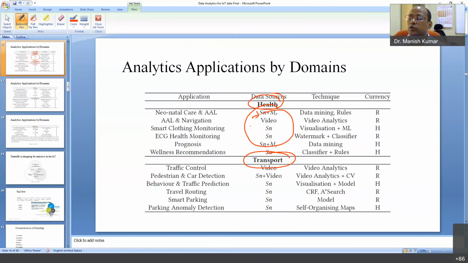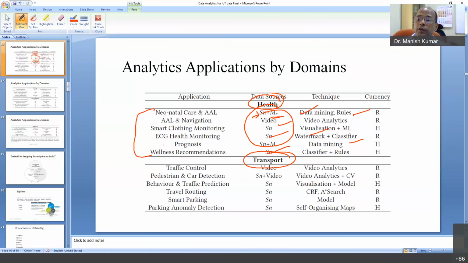SN talks about sensors, whereas MR corresponds to medical records. Videos, sensors, and medical records are used. You can see the techniques we have used: data mining, rule generation, visualizations, some classifiers. A lot of things have been done in health.